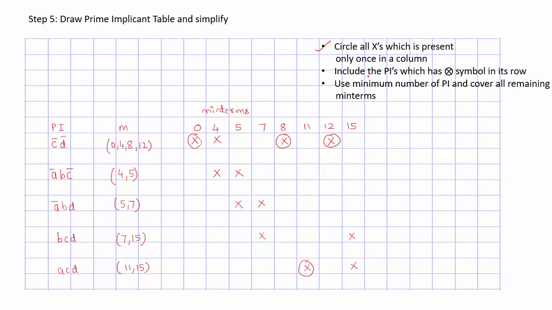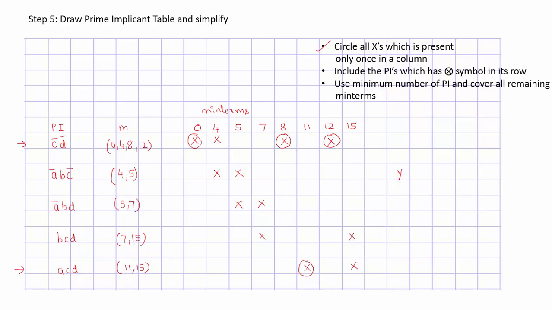Step 2 is include the prime implicants which have a cross enclosed in a circle in their row. So it is present in this row and this row.